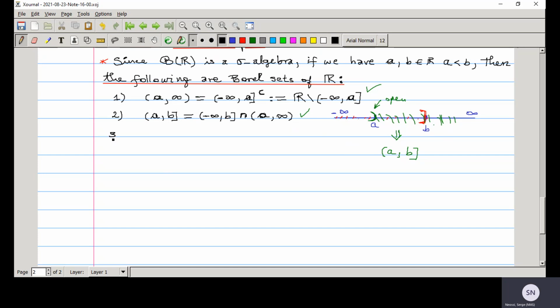Now the third one, the third family of intervals, is the interval negative infinity, comma, A. Now, it was closed, we can open it also.